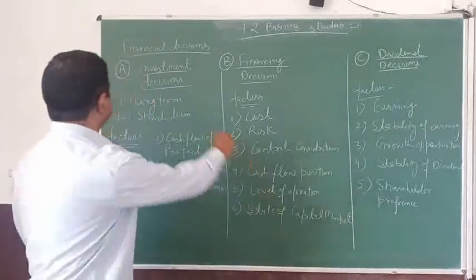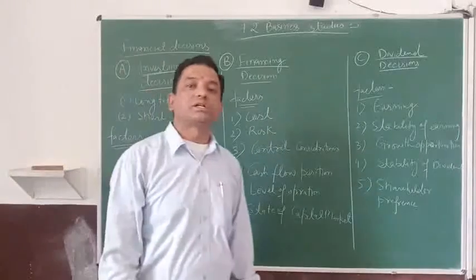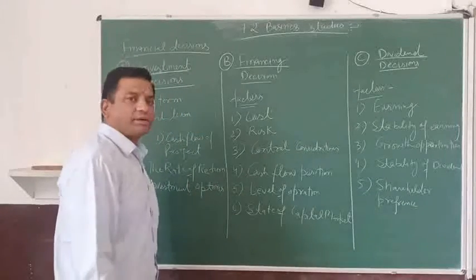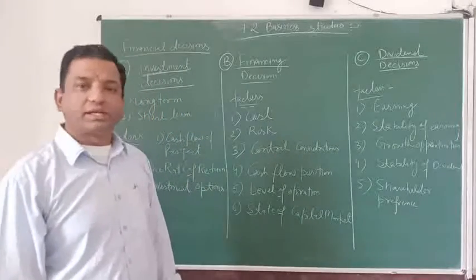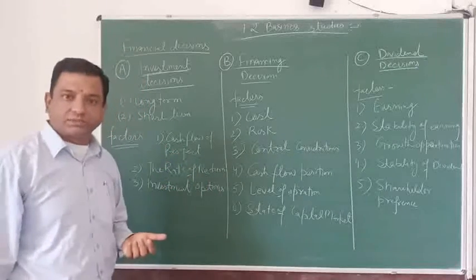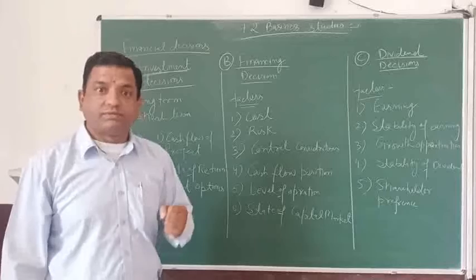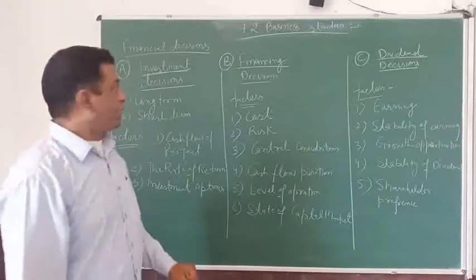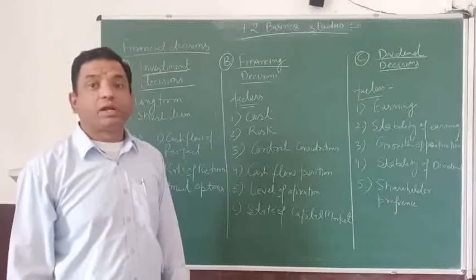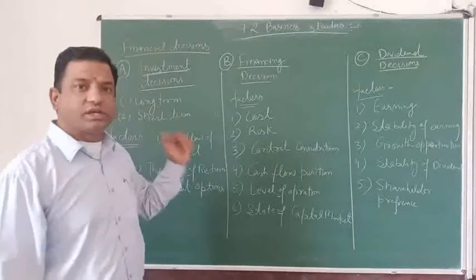The very first decision is the decision regarding investment. Investment decision may be defined as a decision in which the financial manager has to decide in which type of assets or resources the funds will be invested. This investment decision is also called the capital budgeting decision.